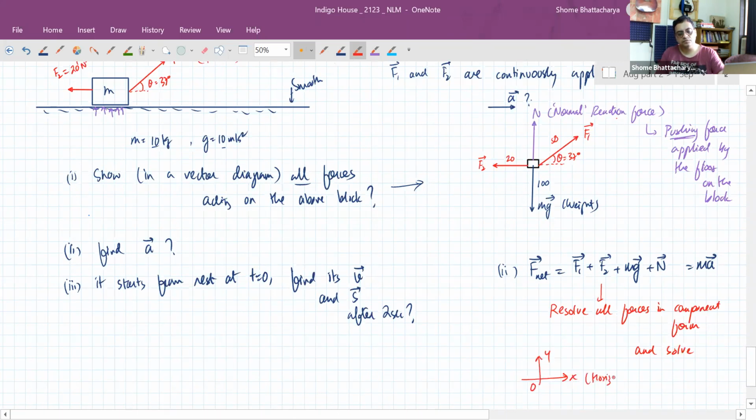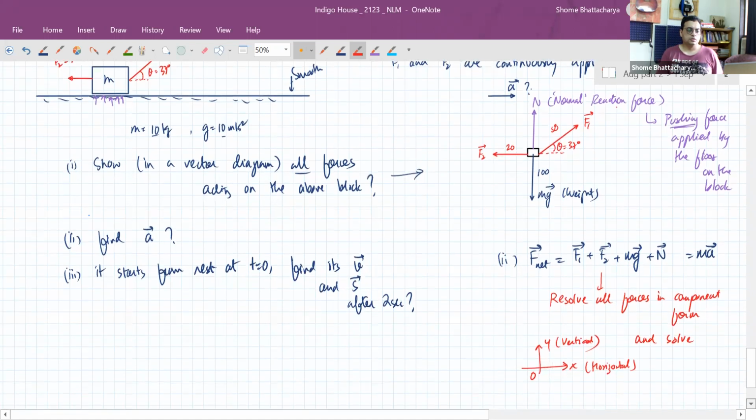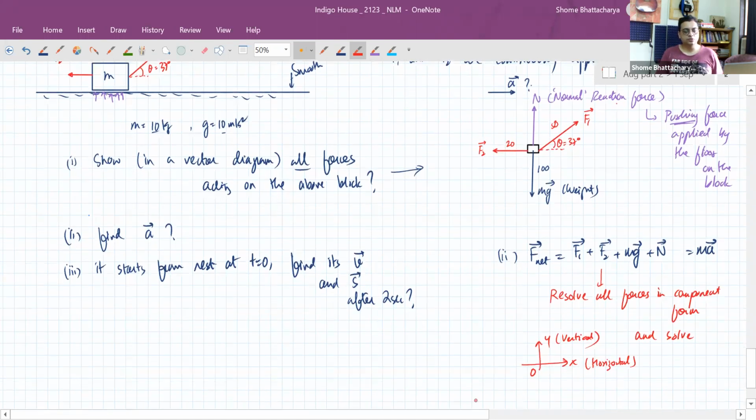Horizontal. I won't need the z-axis because it's a two-dimensional situation here. Okay, so I'm just writing all the forces in resolved form first of all. F1 will be F1 cos theta i cap plus F1 sin theta j cap.